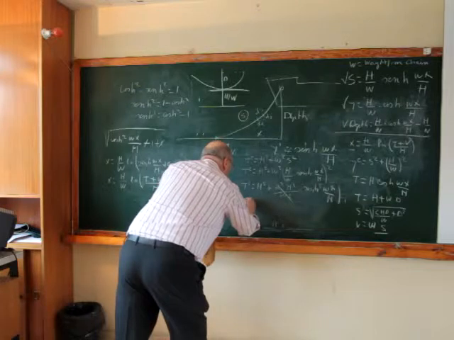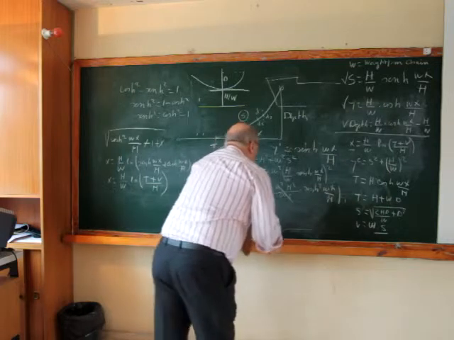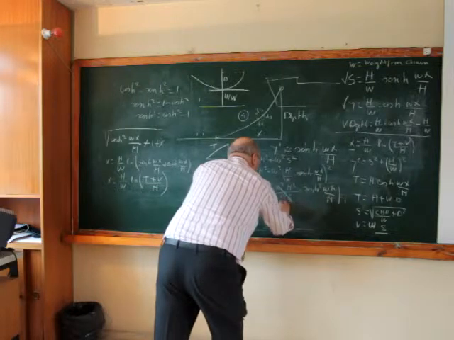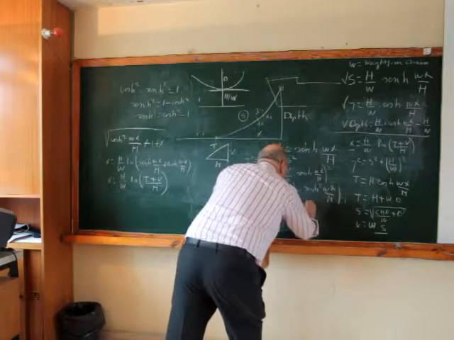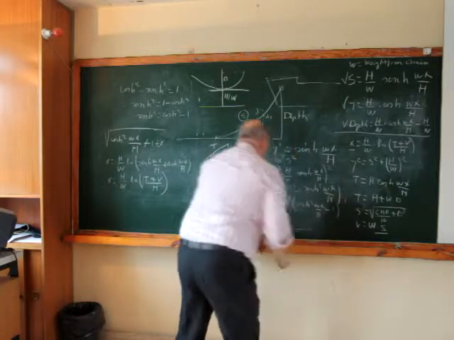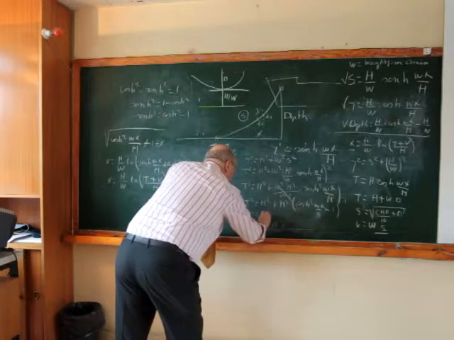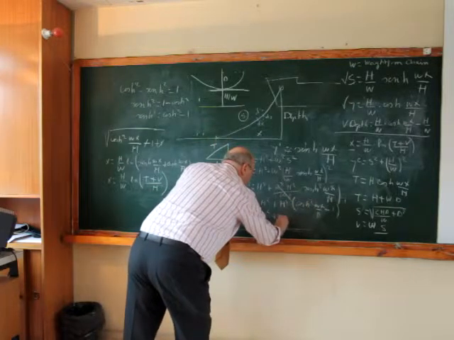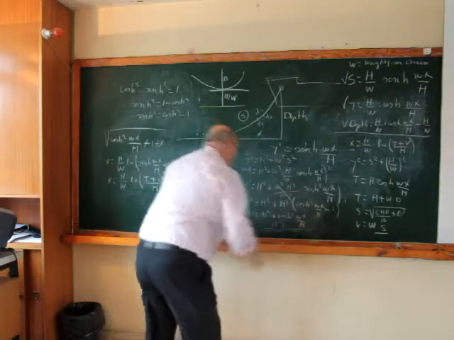So T squared is equal to H squared plus H squared times this one, the hyperbolic cosine squared of wx divided by h minus 1. And multiplying this, you will see that T squared is equal to H squared plus the hyperbolic cosine squared of w divided by h.